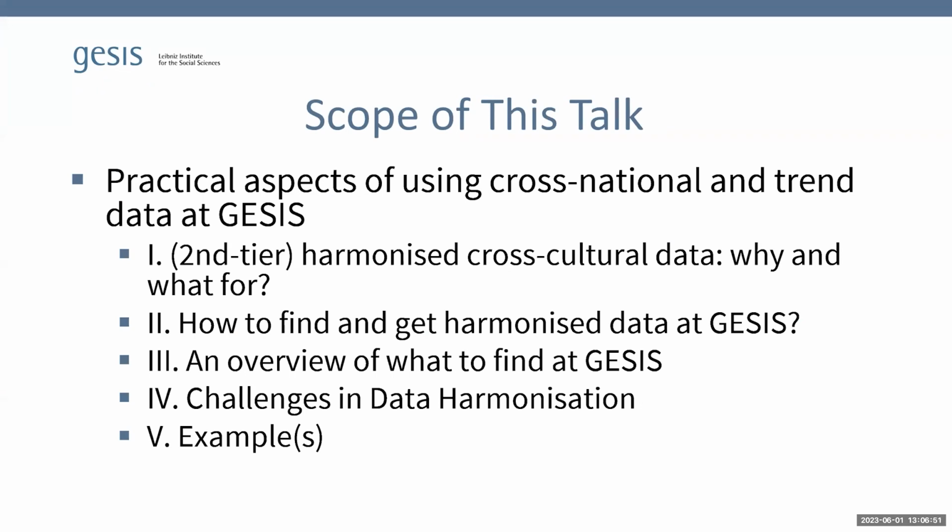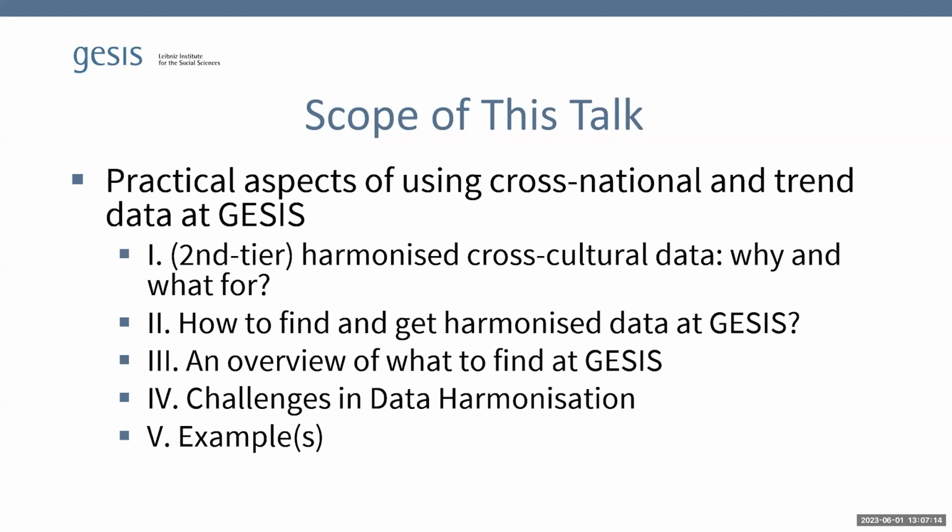I will start with a brief section on what we mean by data harmonization and why it's a good thing, and perhaps a useful distinction between first and second tier harmonization steps, but that's only for terminological order.